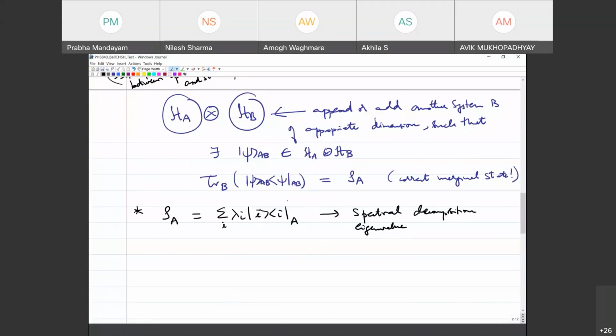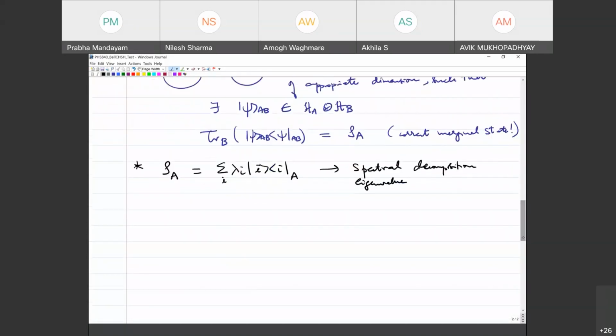This is the diagonal form of rho A. So what is the pure state that one will associate with this? Let's say this is a d-dimensional quantum system. So we need an additional quantum system HB to also be d-dimensional. And then what is the state that one can associate with this?